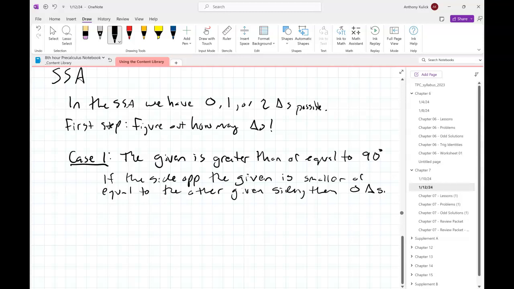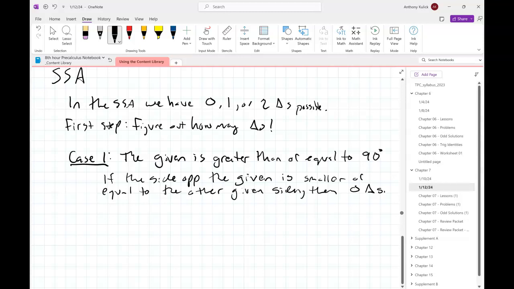So let's think about why that has to be 0 triangles, right? If the given angle is greater than or equal to 90 degrees, what does that say about that angle? An angle in a triangle is greater than or equal to 90 degrees. What can we say about that angle?